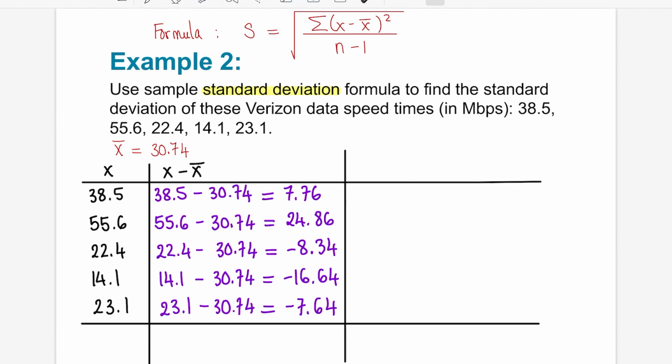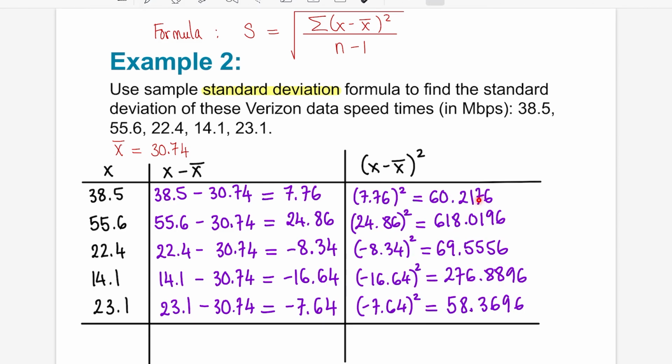Then I am going to take (x minus x bar) squared. So I am going to take 7.76 squared, 24.86 squared, negative 8.34 squared, negative 16.64 squared, negative 7.64 squared. Then I am going to add all of these numbers up.